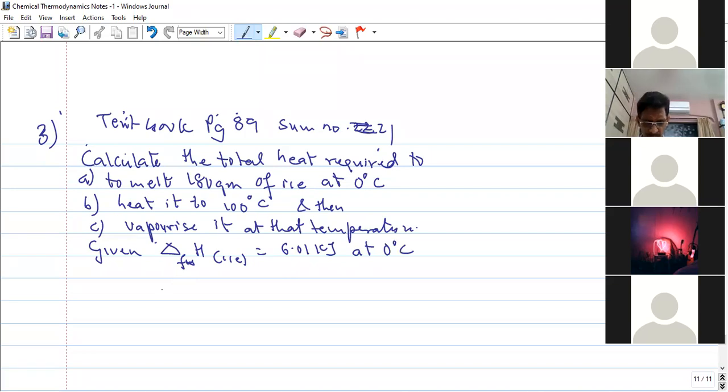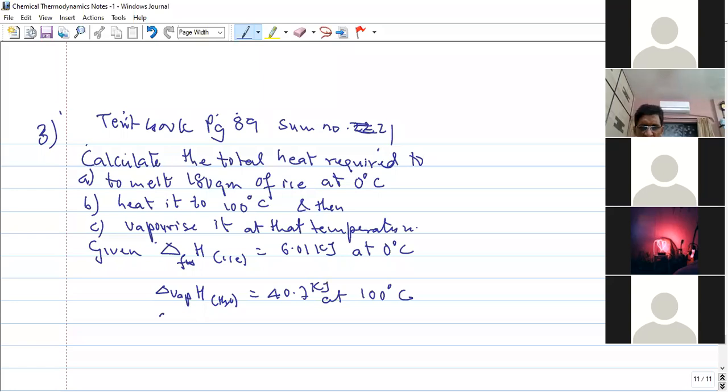You are given enthalpy of vaporization of water equal to 40.7 kilojoules at 100 degrees Celsius.